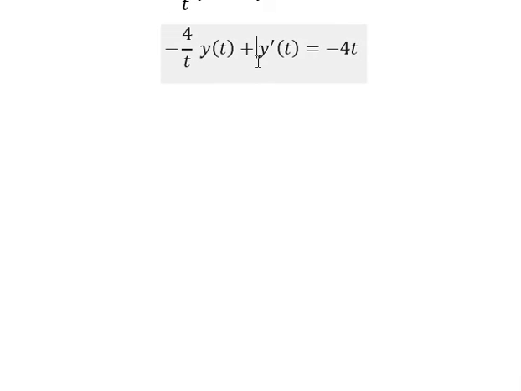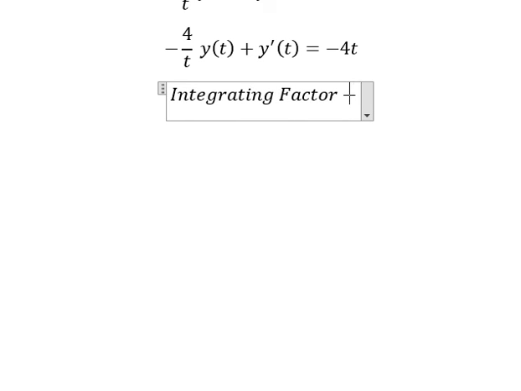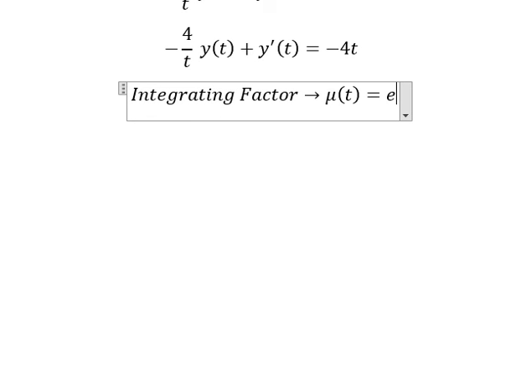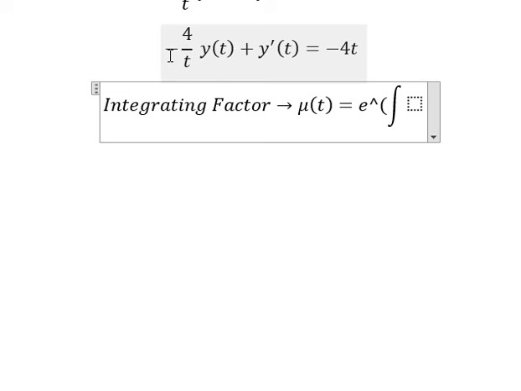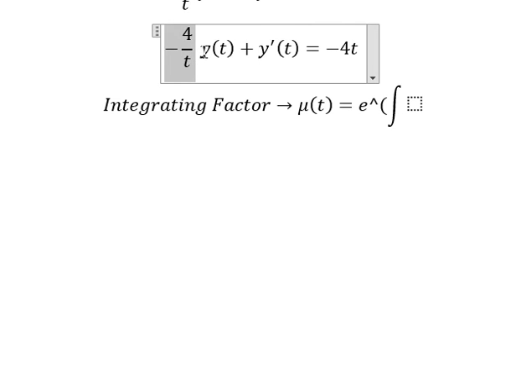So we have the first derivative of y and the original function. We can use the integrating factor. So we need to find mu(t) equals e to the power of the integration of the term next to y(t) here.